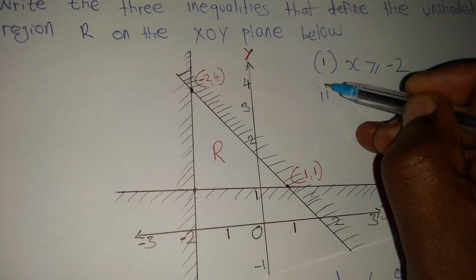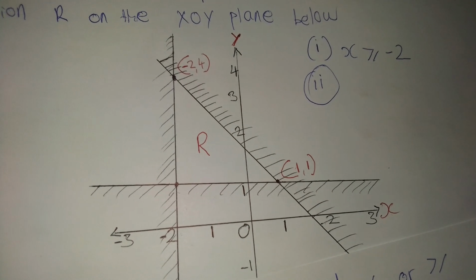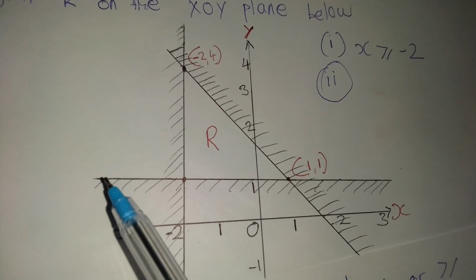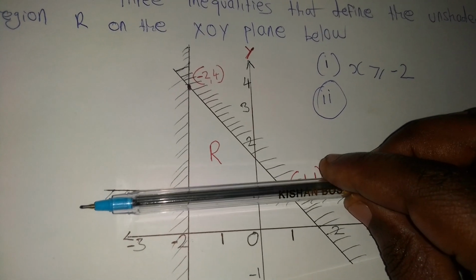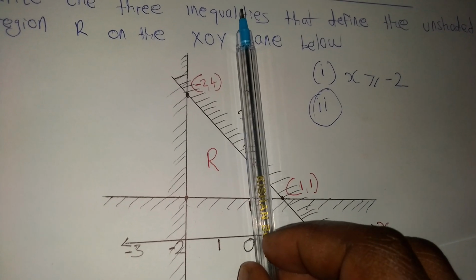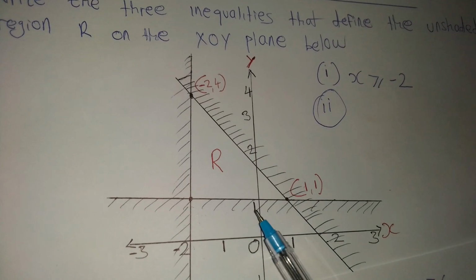Then we have to identify inequality number 2. There is this line. Just follow me, I put a pen like this. We can observe that this is the y-axis and it is cut at 1.